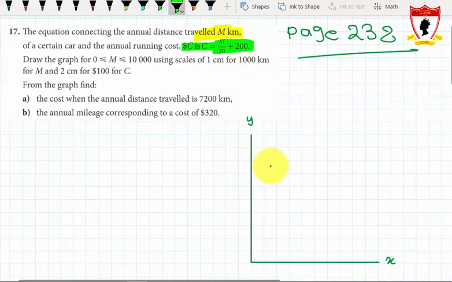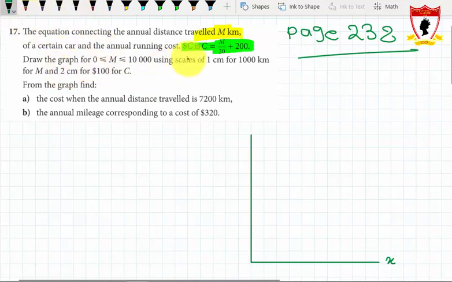Now this is the first quadrant of the xy axis. Because these are about distance and cost, it cannot be negative at all. That's why I just draw here the positive quadrant of the xy axis. This vertical line, which is the y-axis, according to this question, is not y anymore.